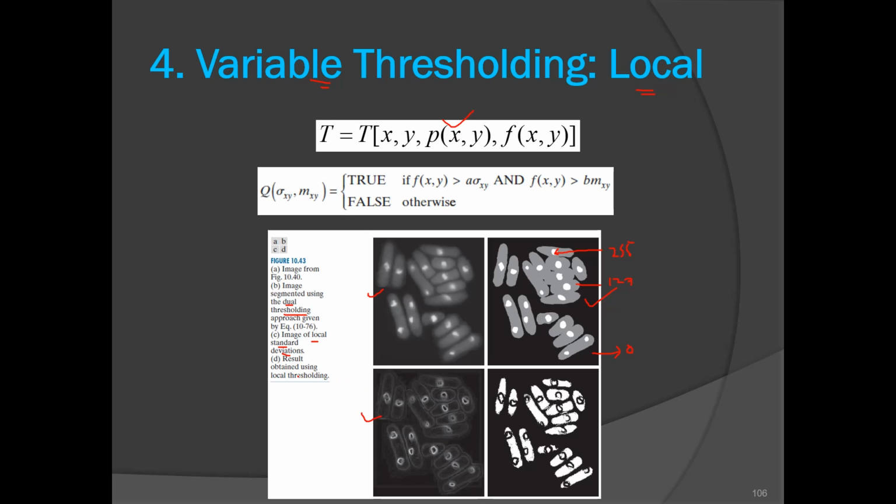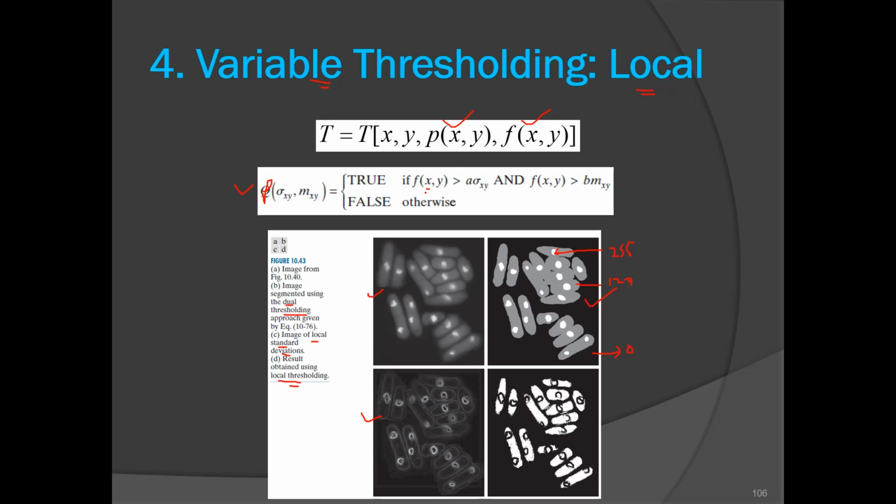Now for local thresholding, which criteria have we used here? Along with f of xy, we have used this criteria, which is actually our P function, the predicate function.